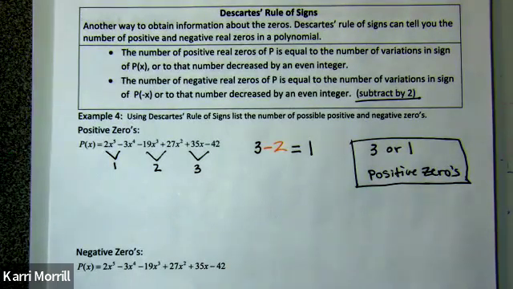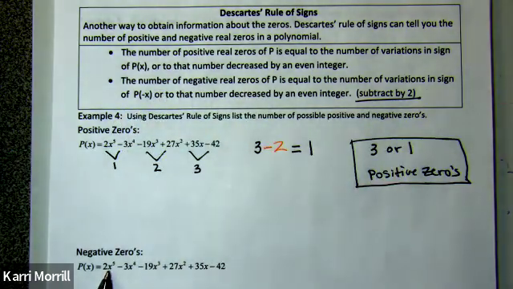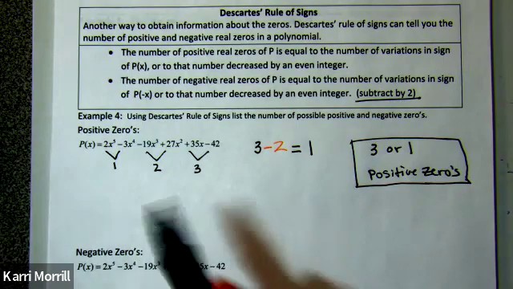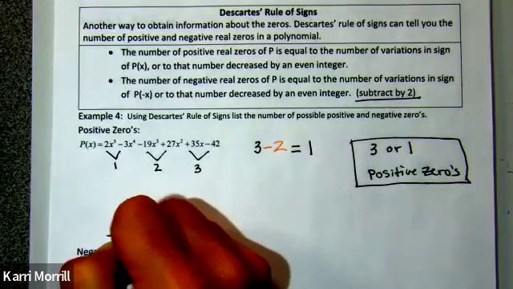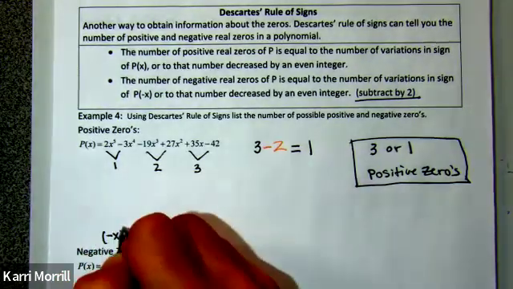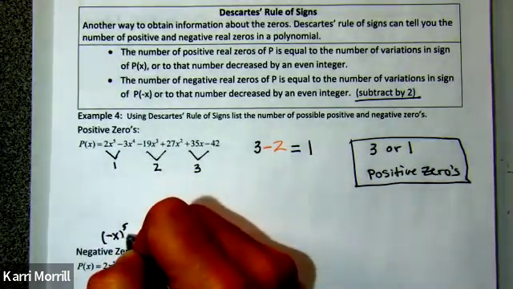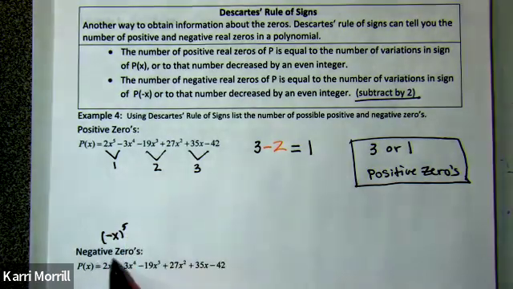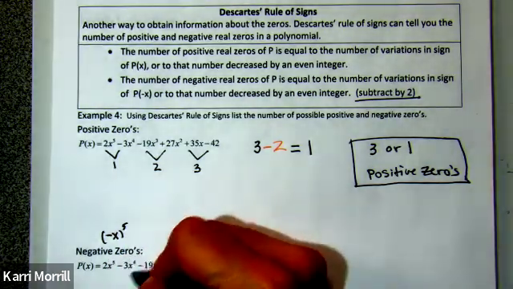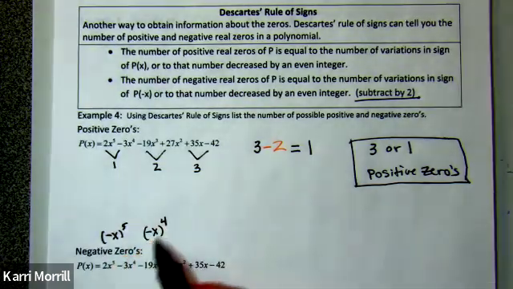Now for your negative zeros, you can make this as complex as you want, but basically the instructions say you're going to change all the x's to negative, then simplify. But if I change x raised to the 5th power to a negative, that's going to stay negative, right? But if I change negative x to the 4th, that stays positive.